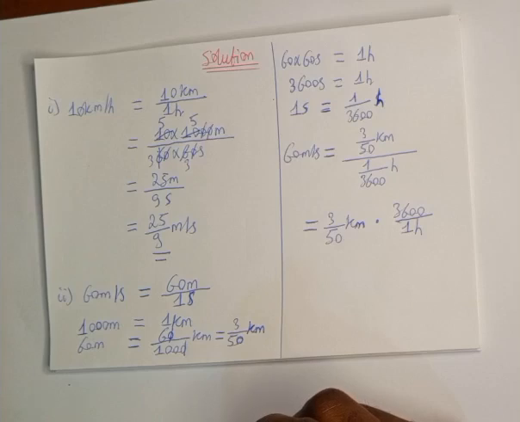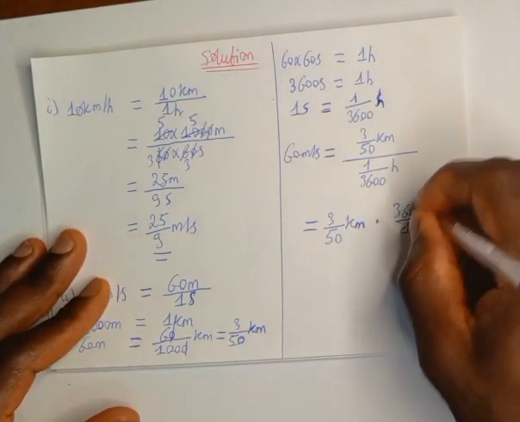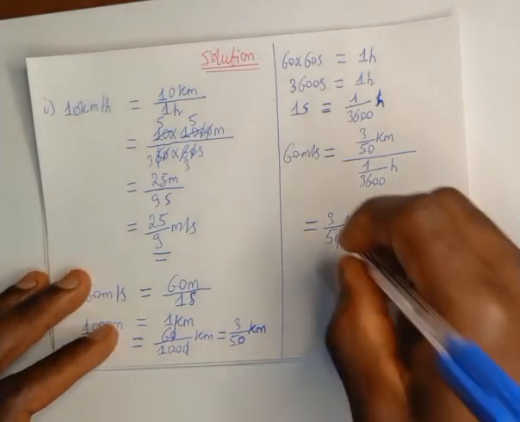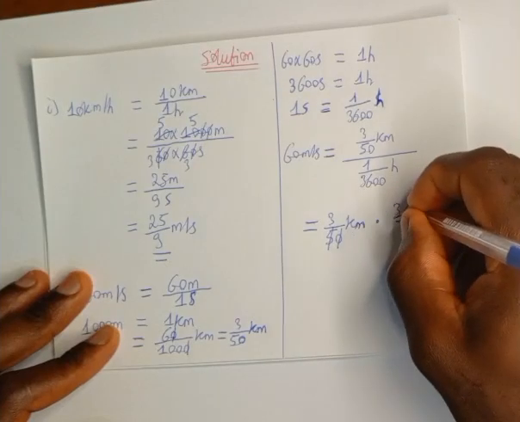Next, we are going to simplify. These zeros will strike off. We are going to divide 360 by 5, which gives us 72.